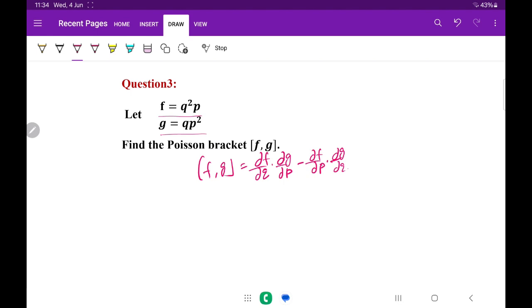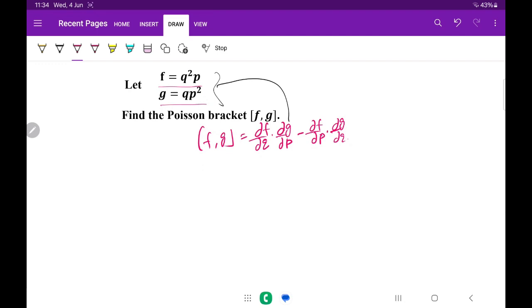Now we have the functions f equal to q square p and g equal to q p square. We substitute these values in the functions, find the individual partial derivatives, and again substitute them in the formula.